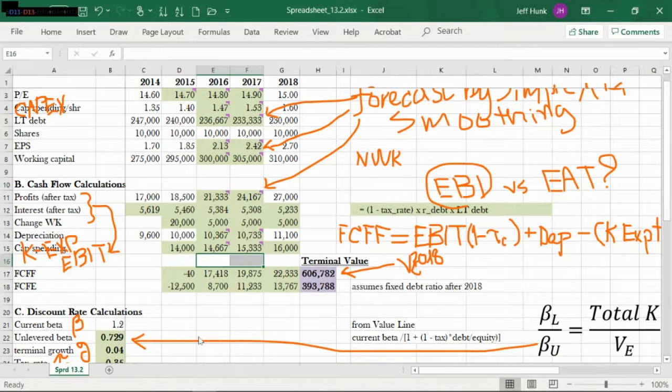Oh, my Excel is stuck. What's happening? What's happening to my Excel? Oh, it's completely gone.